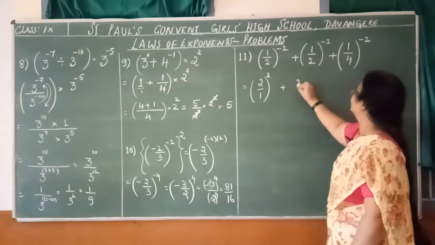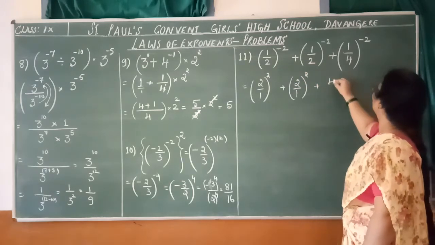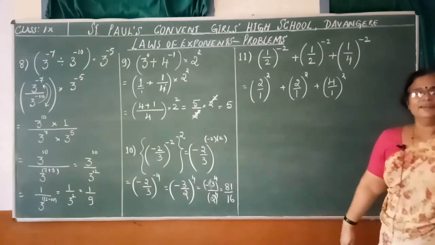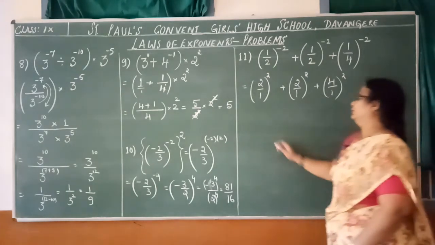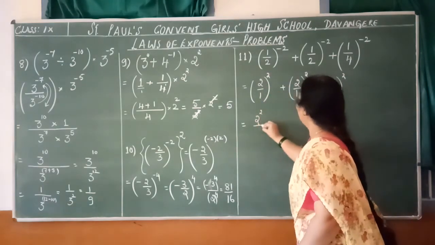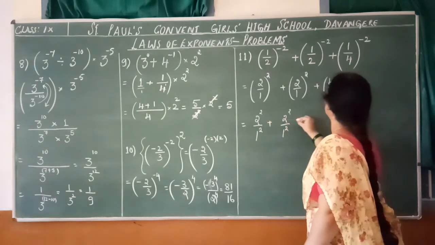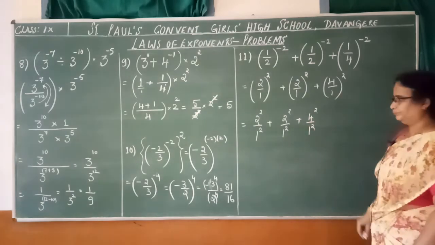Here also 2 by 1 whole to the power of plus 2. 4 by 1 whole to the power of plus 2. I rewrote negative as positive. Next, 2 square by 1 square, 2 square by 1 square, 4 square by 1 square.